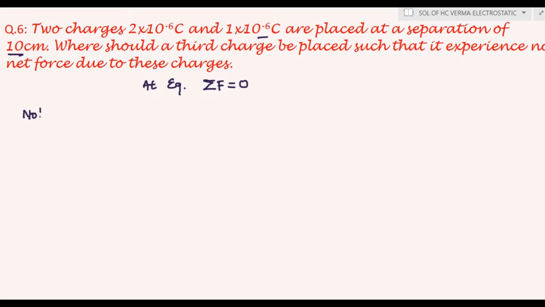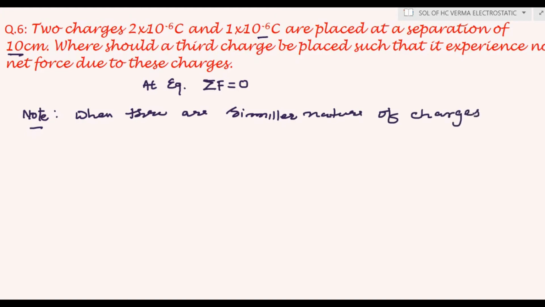You have to remember one important note. When there are charges of similar nature in the question, just like equilibrium, then the neutral point is always between them.